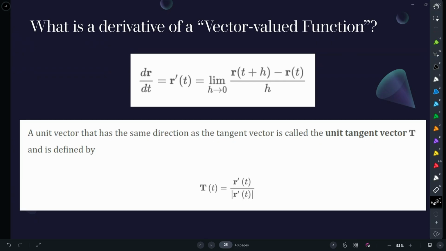One more thing that we're going to compute is the unit tangent vector. If you remember, when we did directional derivatives, to find a derivative in one particular direction for a function, we used unit vectors. If I have a curve, something like this in space, the tangent vector here might be something like this. The tangent vector is not only giving you a tangent direction, but also the speed at which you're traveling at that point.